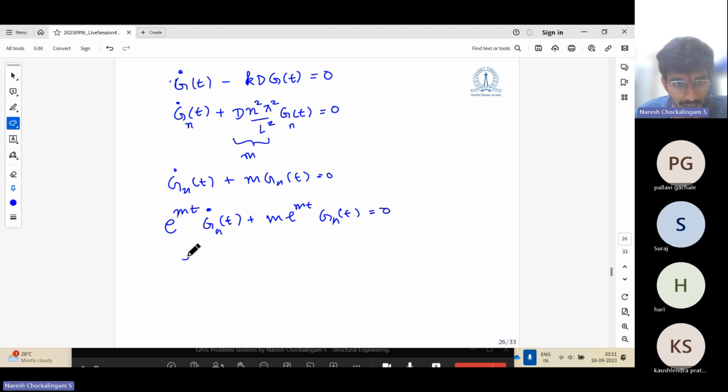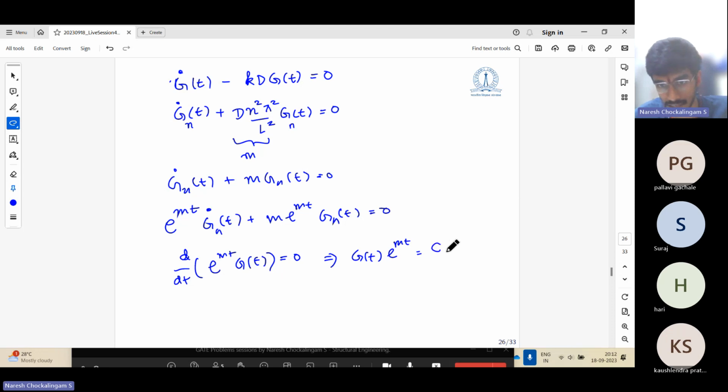So you get d by dt of e power mt g of t is equal to 0, which means this entire thing is a constant. So g of t into e power mt is equal to some constant c1. Therefore, g of t is equal to c1 e power minus mt, where m is this thing. So this is g_n of t.